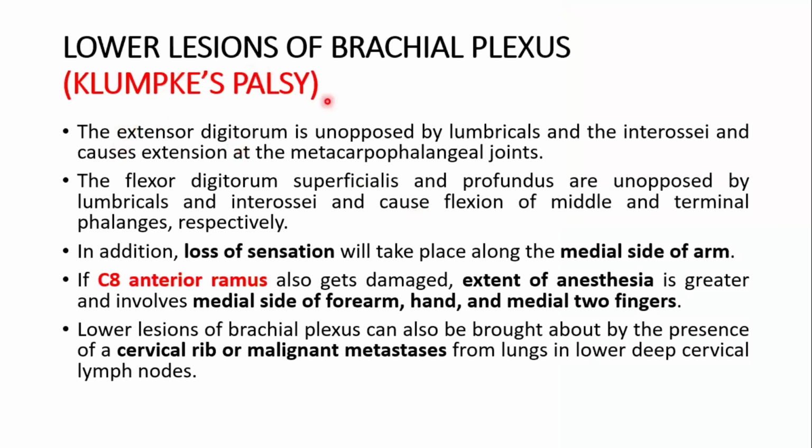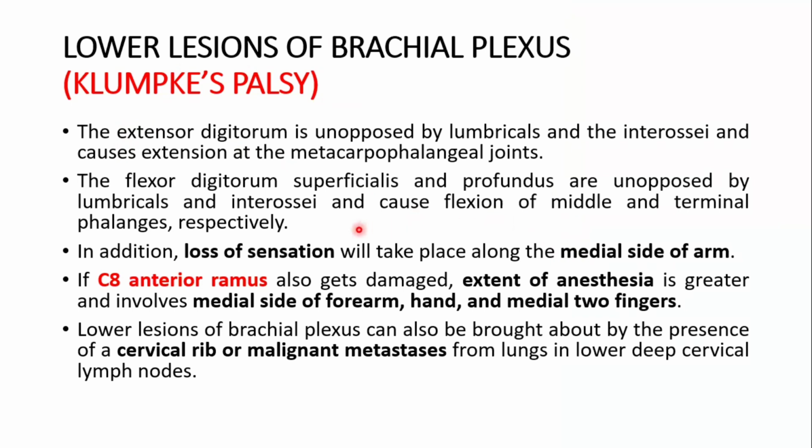So in Klumpke's palsy, the extensor digitorum is unopposed by the lumbricals and the interossei, and this causes extension at the metacarpophalangeal joints. The flexor digitorum superficialis and profundus are unopposed by the lumbricals and interossei and cause flexion of the middle and terminal phalanges respectively. In addition, loss of sensation will take place along the medial side of the arm.